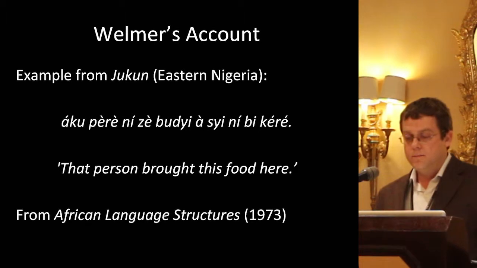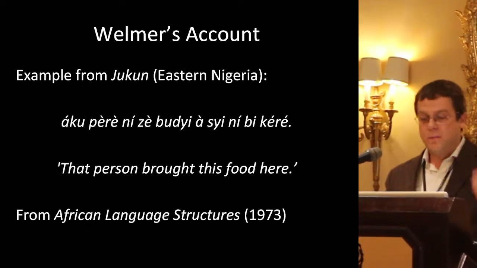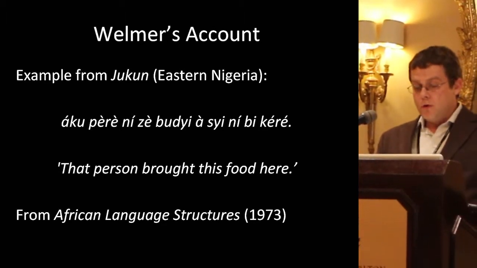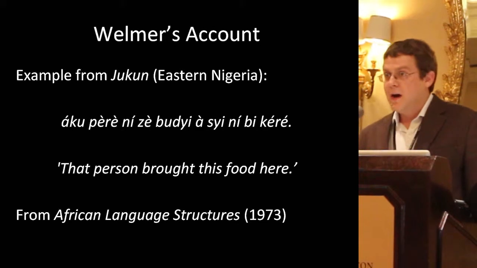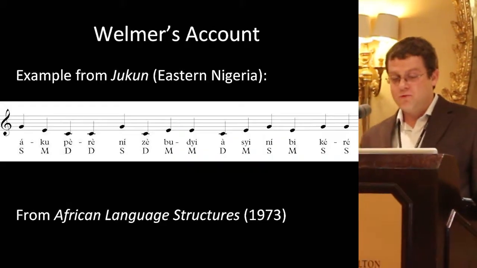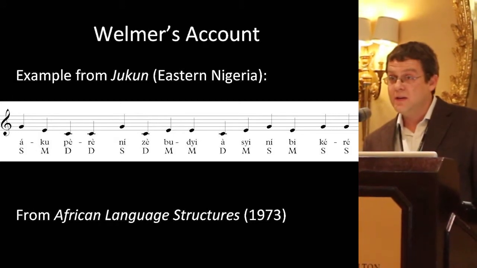So musicians and linguists have drawn many analogs over the past century, notably Welmers, who compared the 3 tones of Jukun to the major triad, which would make this phrase sound like this. Aku pere ni se fuji asini bikere.